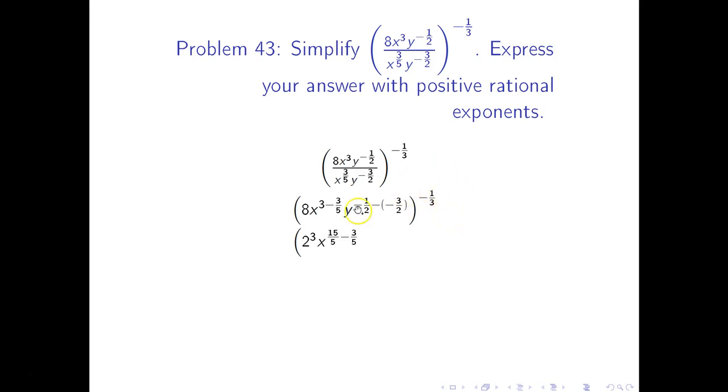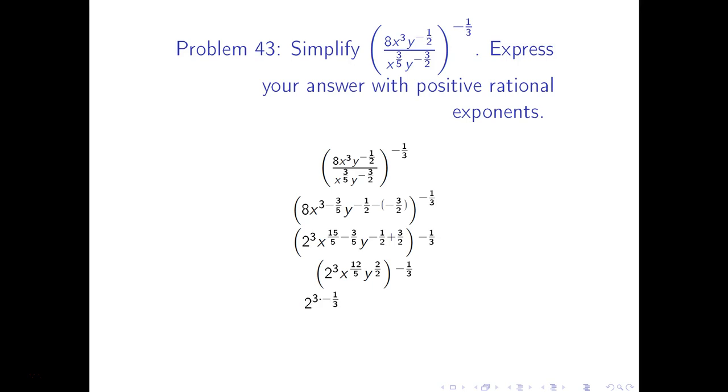I need a common denominator, so this is 15 over 5. These have a common denominator, but I'm just going to take a moment and rewrite it as addition to make it more clear to myself. Well, we still have the 2 to the third. Now I get x to the 12/5, because 15 minus 3. And I get y to the 2/2, or 1.